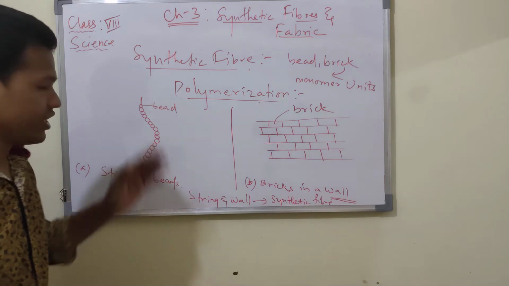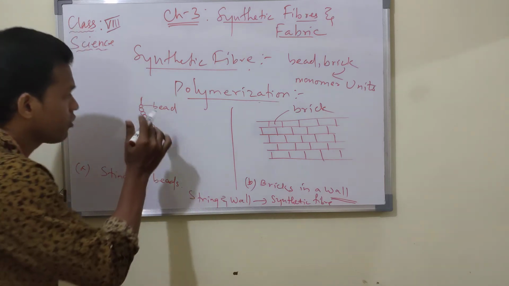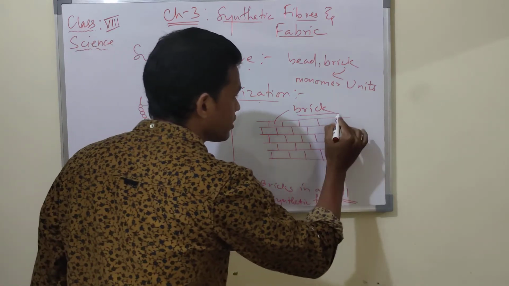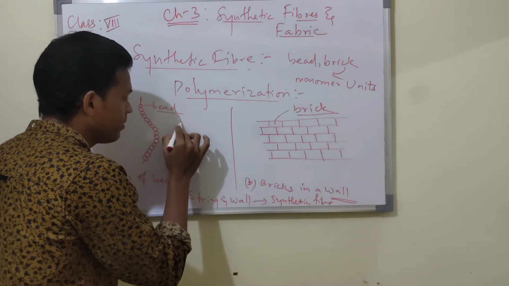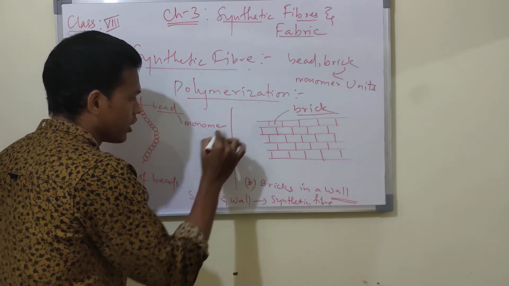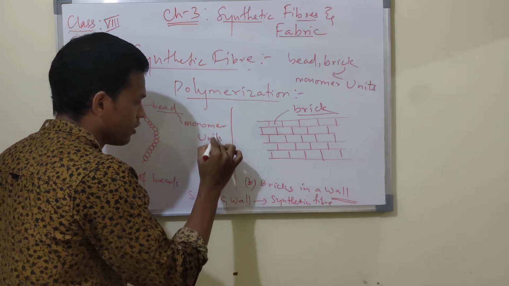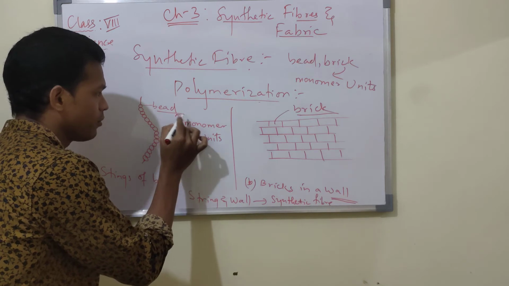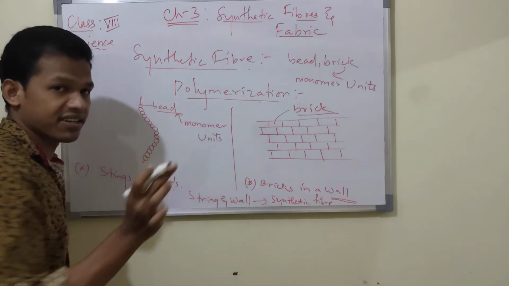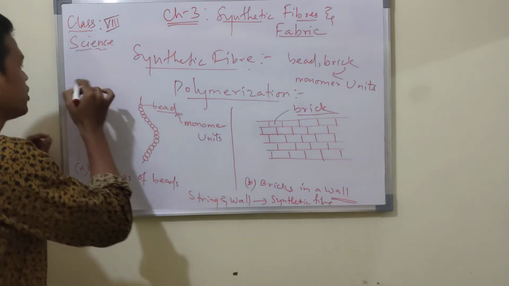So here what happened? Many monomer units. This bead is a monomer unit. We can say monomer units. Unit means part. Here mono means what?